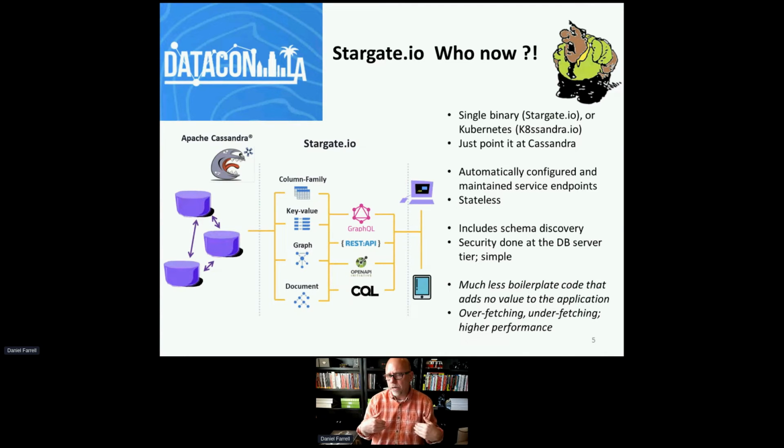That's just less code that I have to write. I don't have to stand any of that up. It comes free of charge. So now I can just write my application. And the security is integrated, everything, schema discovery, if you're used to using GraphQL, it's automatically generated and maintained.